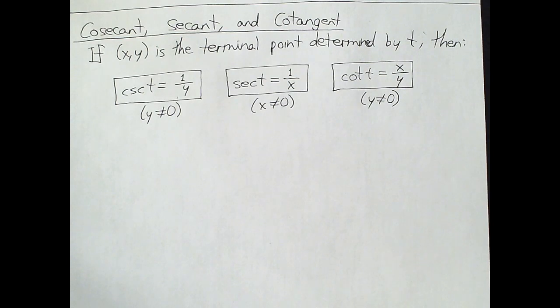Now, I'll just say that if you've seen trig functions before, like sine and cosine and tangent and these other ones, there are also other ways to define these trig functions, which we're going to get to later in the course. There are some ways to define these that are based on triangles instead of circles.